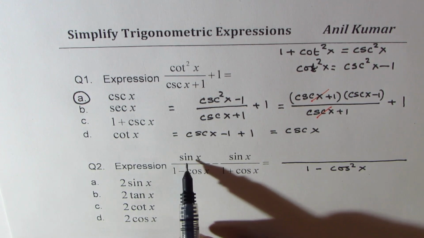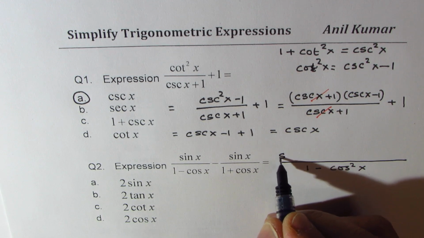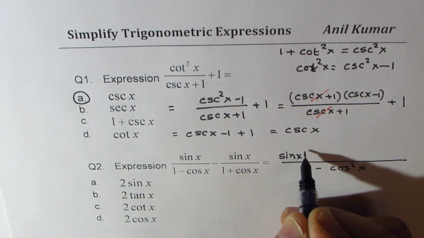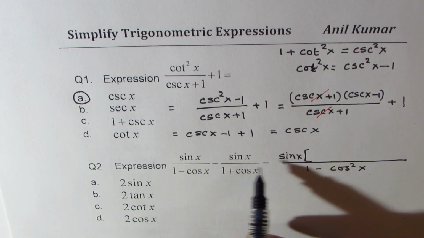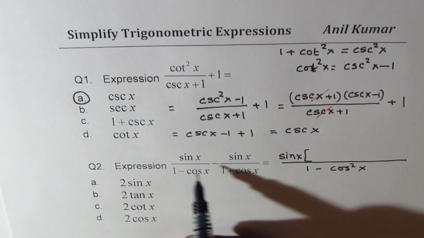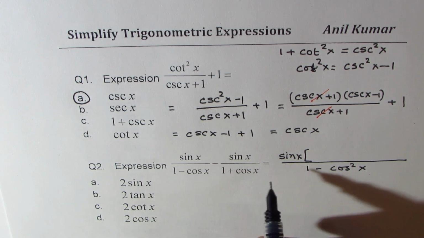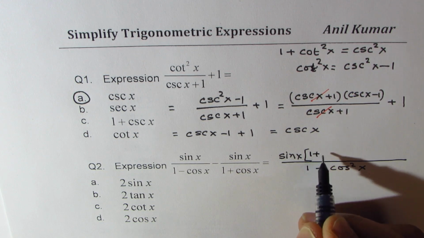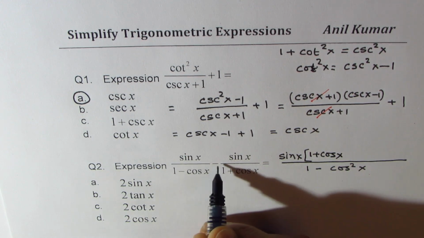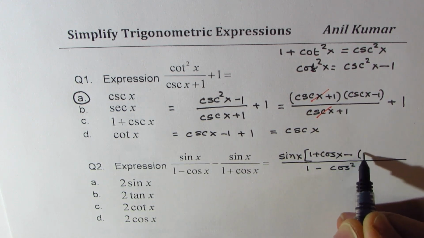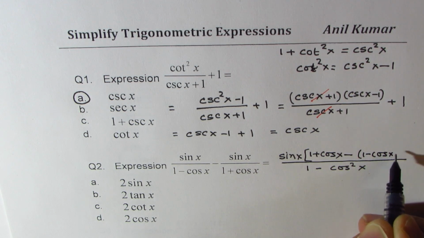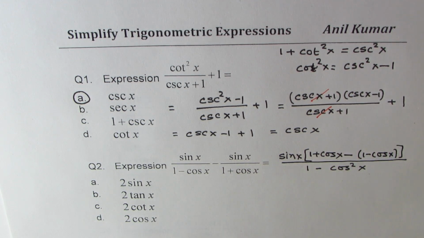Now, since this is sin x, we could take sin x common for both. You could take sin x common, and then what you really get here is 1 plus cos x minus 1 minus cos x. I have reduced one step. I hope that is clear.